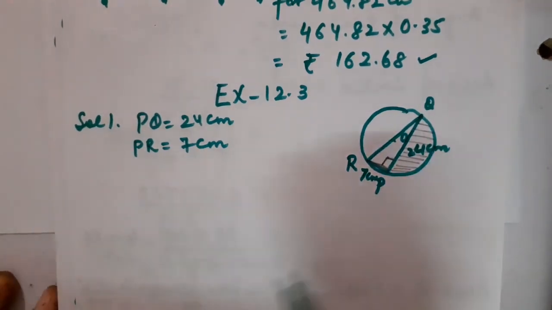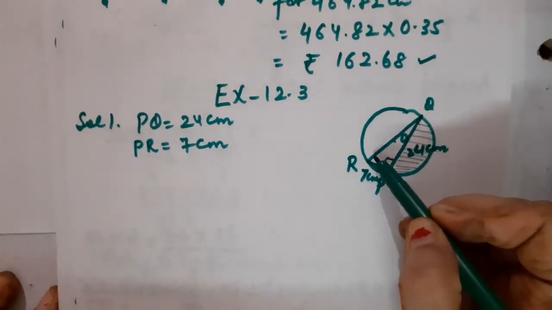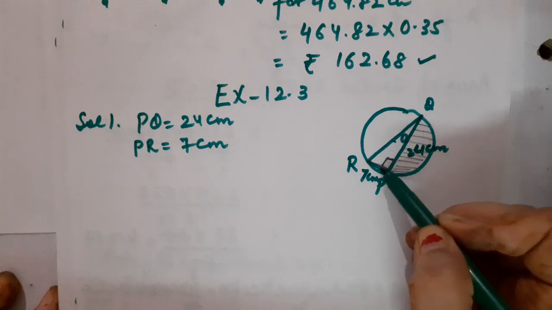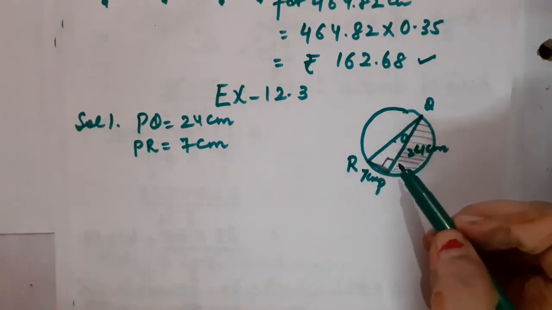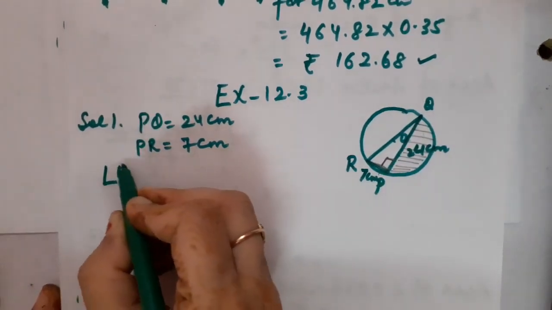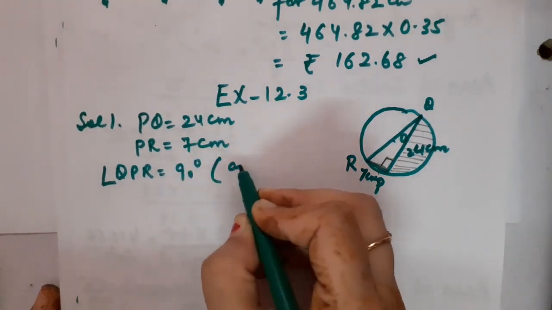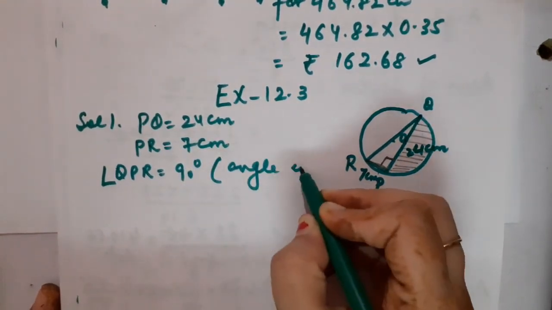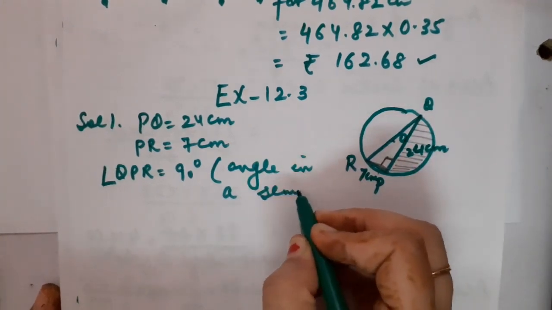Reason: as we know that QR is a diameter, the angle made in a semicircle is 90 degree. So can I write angle QPR is equal to 90 degree? Reason, angle in a semicircle.